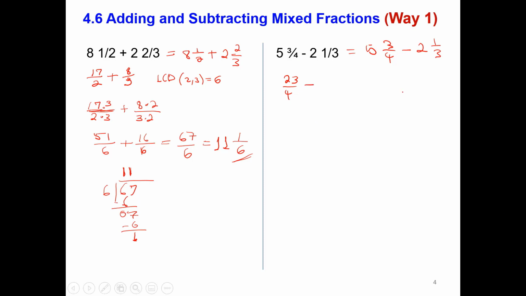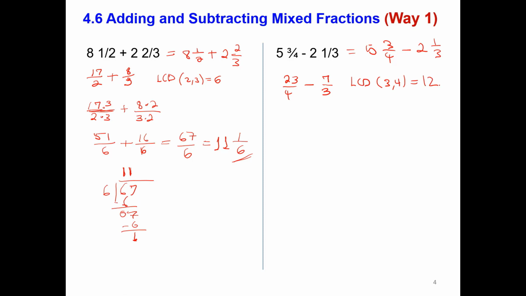Two times 3 is 6 plus 1 is 7, so 7 over 3. Now the LCD of 3 and 4 is 12.